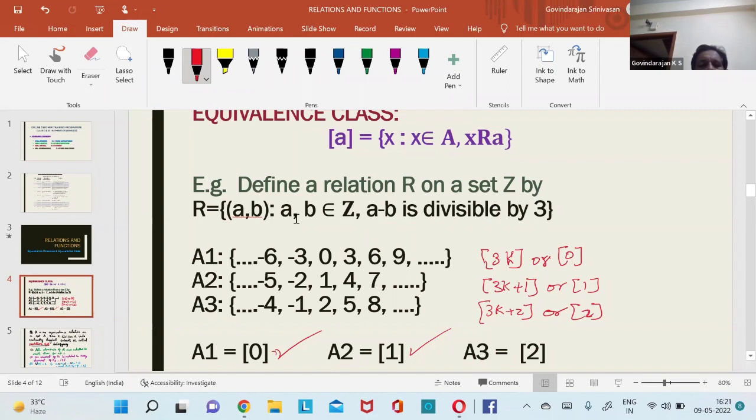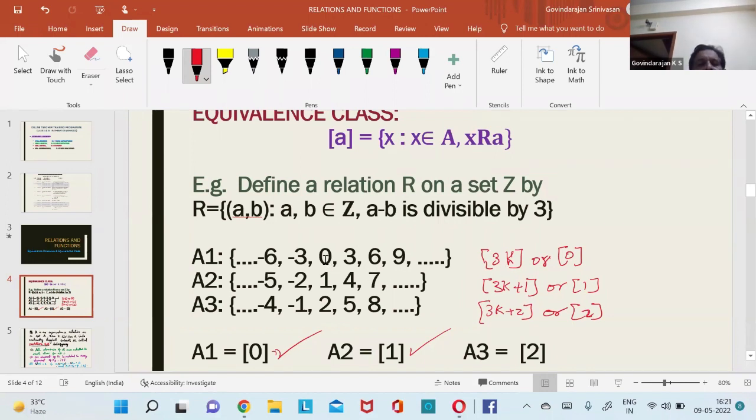So this equivalence relation has 3 equivalence classes. A1 is the equivalence class containing the element 0, A2 is the equivalence class containing the element 1, and A3 is the equivalence class containing the element 2. Or any element, you can write any element containing 6.